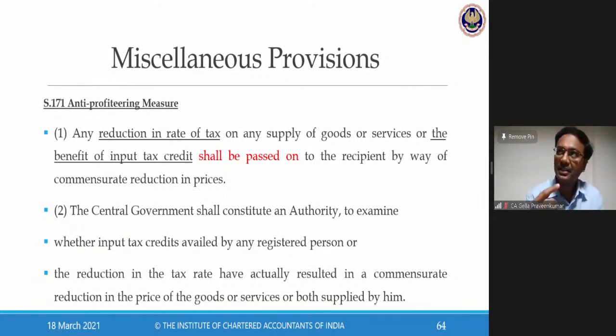We have the next session coming on this Saturday, 20th March. I'll hold this topic alone, anti-profiteering. Reason: there are a couple of technicalities which I have to help you understand. So because of paucity of time, let us stop our discussion today. I'll continue with my topic on 20th March. Along with returns, I'll explain this provision called anti-profiteering.